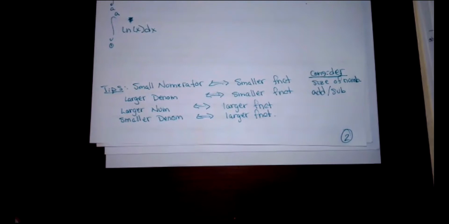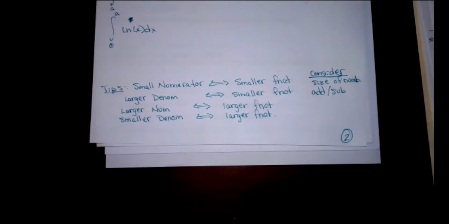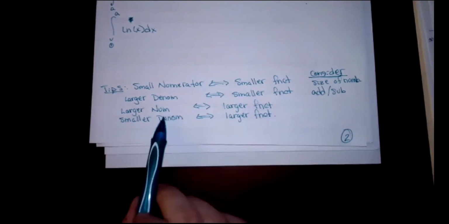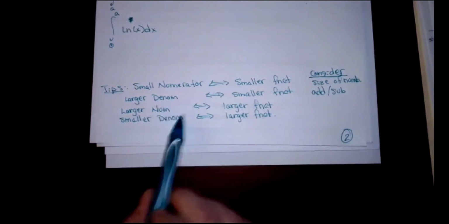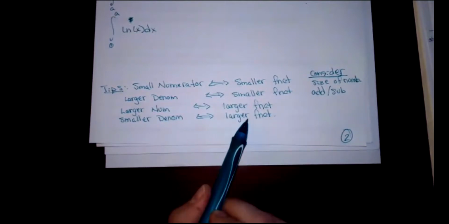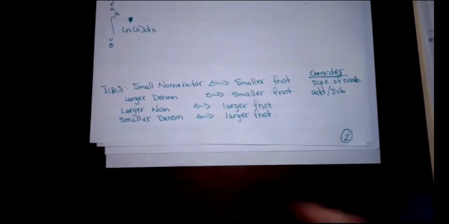If I have an x plus 2 in the numerator, and I change that to just an x, that gives me a smaller value. Gets a little trickier when I have something like x squared minus x in the denominator. There's a subtraction there. So if I remove that subtraction and just compare it with 1 over x squared, is it going to make a bigger denominator or a smaller denominator? How is that going to affect the function? So those are things we're going to consider.